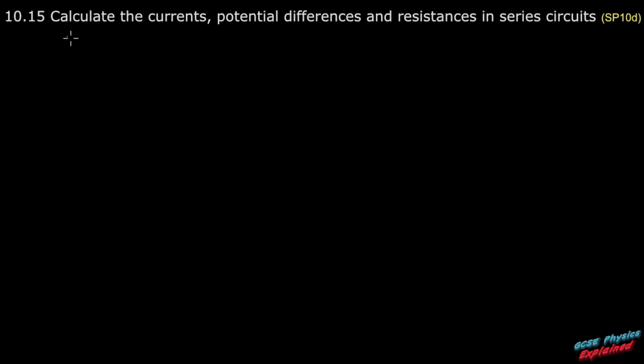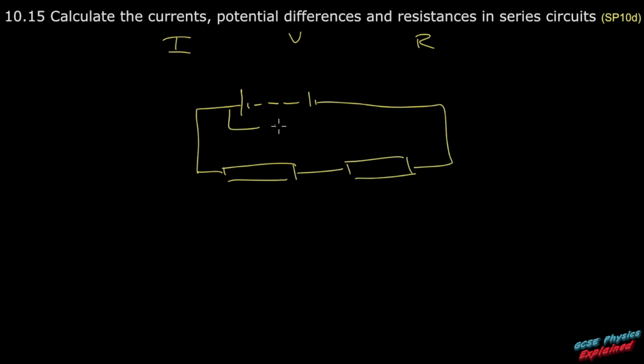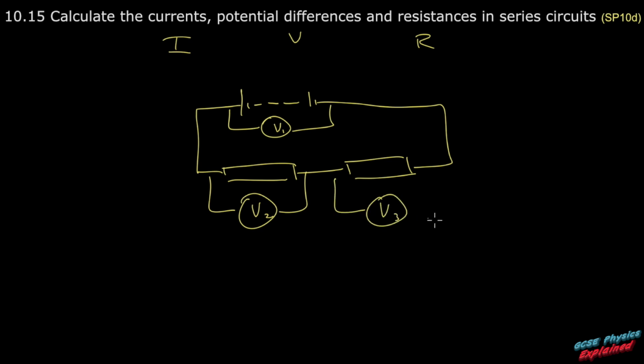Number 15. Calculate the currents, potential differences and resistances in series circuits. So like I said before, if we start off with a series circuit, I call that voltage 1, call this voltage 2, and I'll call this voltage 3.